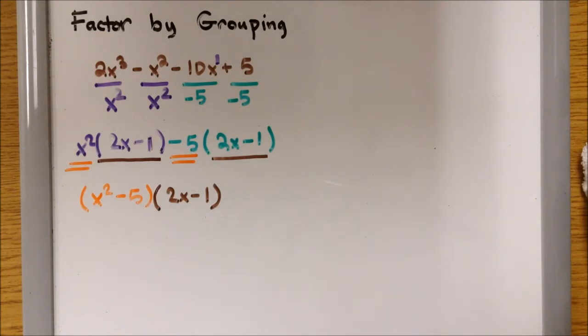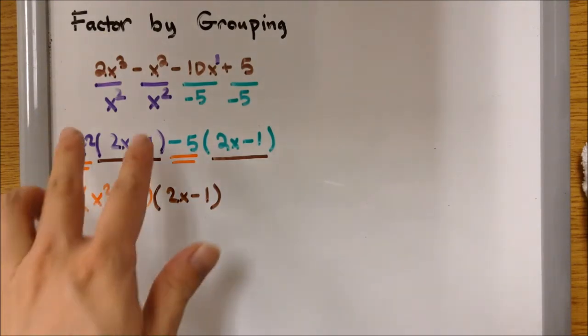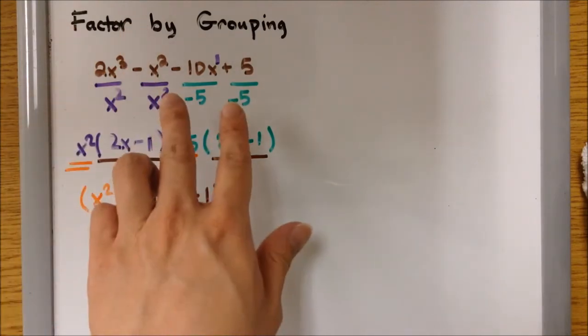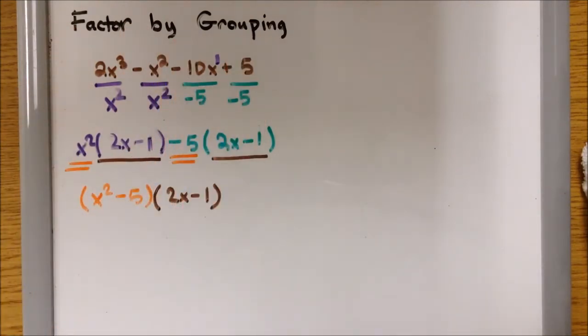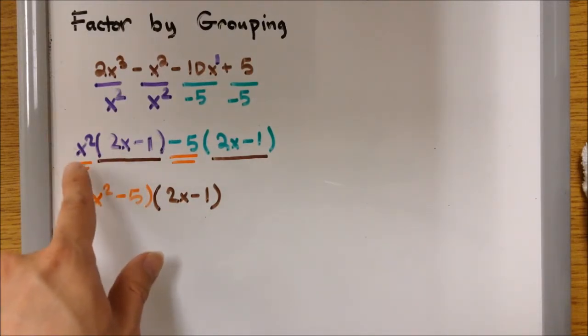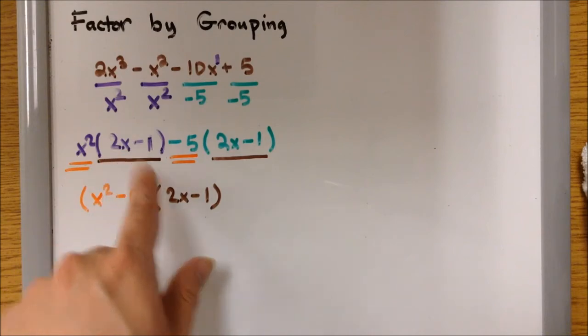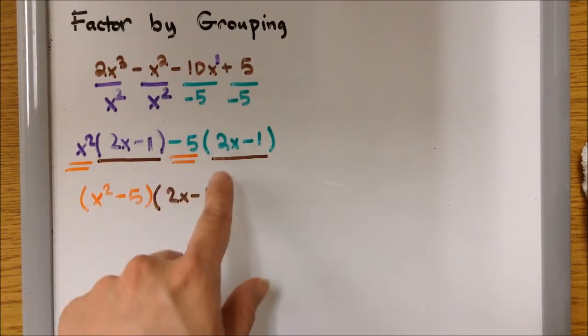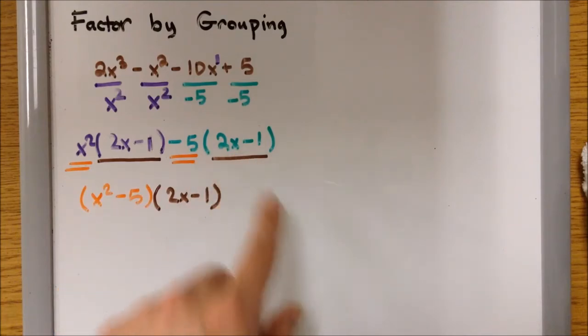So in review, I found the greatest common factor of the left side and the greatest common factor from the right side. On the left side I had x squared times 2x minus 1, and then after that I put negative 5 times 2x minus 1.